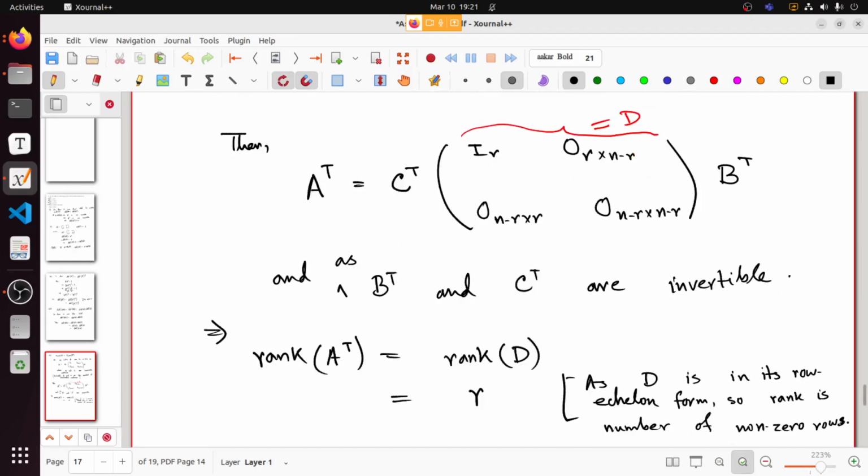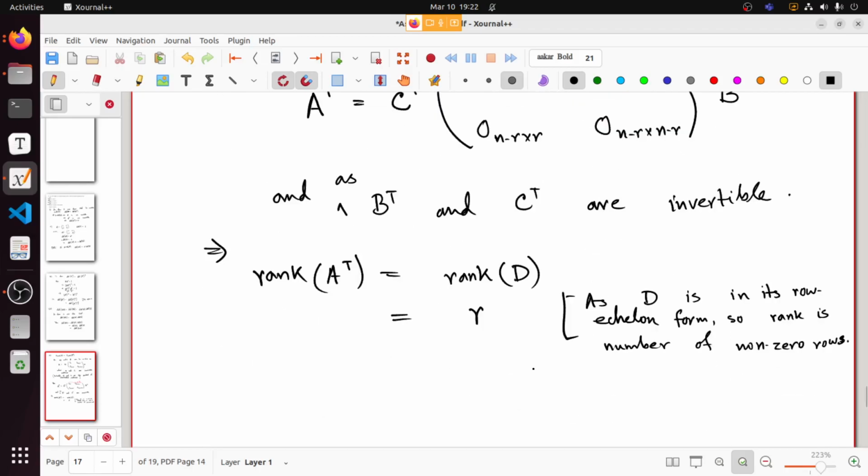And this has R non-zero rows and everything else is a zero matrix. So this is the rank R.